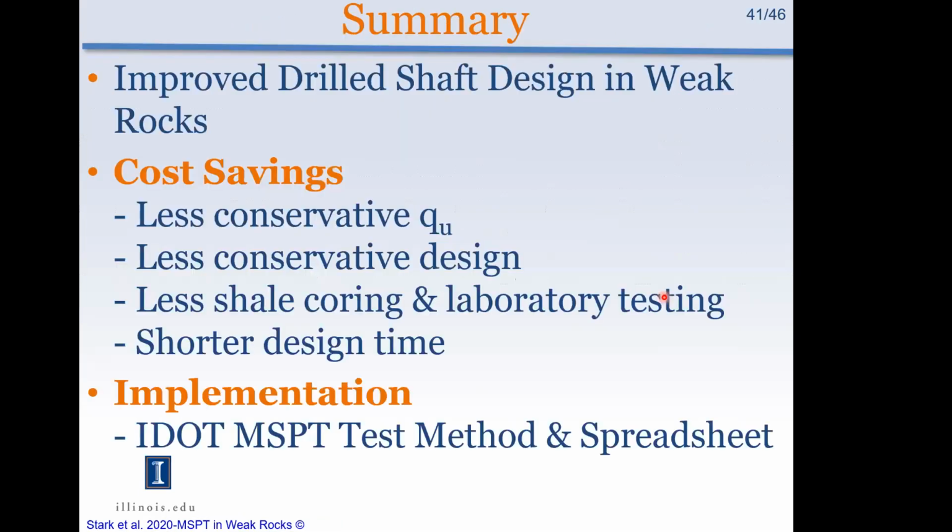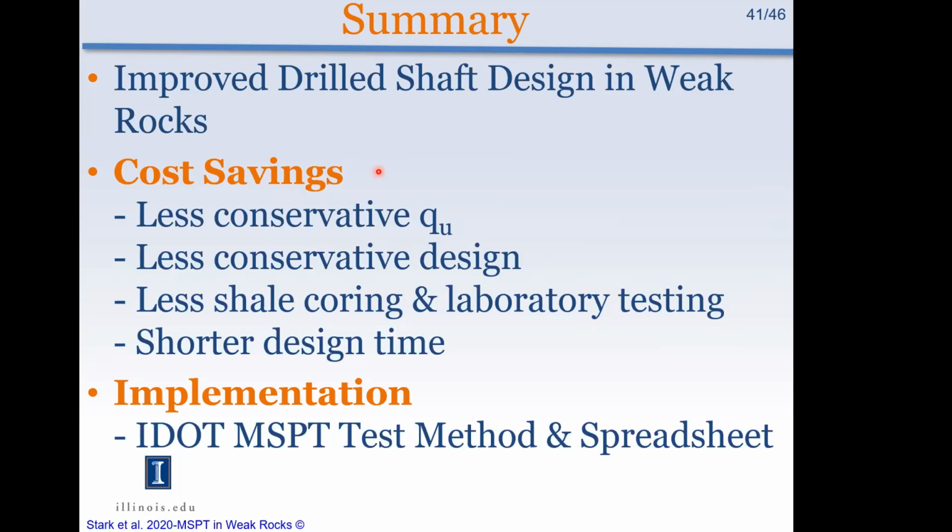Okay, so quick summary. The outcome of the project, I think, is improved drilled shaft design in weak rocks for the Illinois Department of Transportation. This is leading to some cost savings for IDOT in the use of less conservative values of unconfined compressive strength, which means smaller diameters and smaller lengths of the drilled shafts are required, which gives a less conservative design.